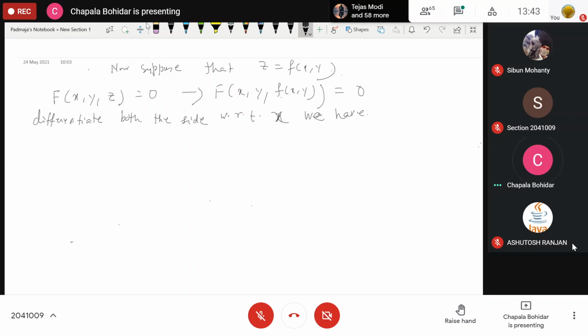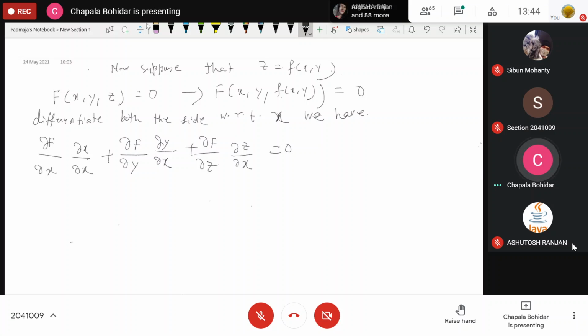We have del f by del x, then it is our two variables, so we write del x by del x plus del f by del y, then del y by del x, then plus del f by del z, then del z by del x equal to 0.